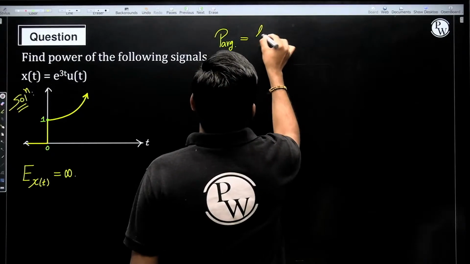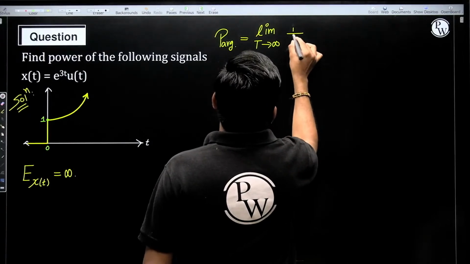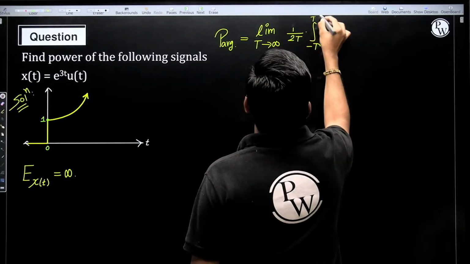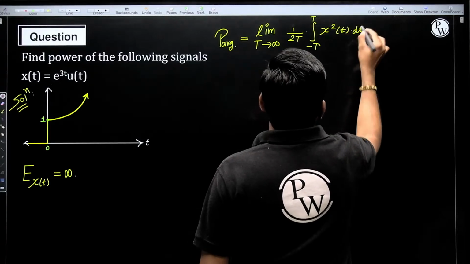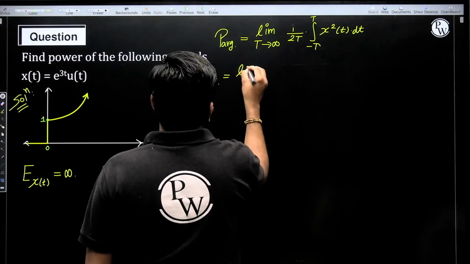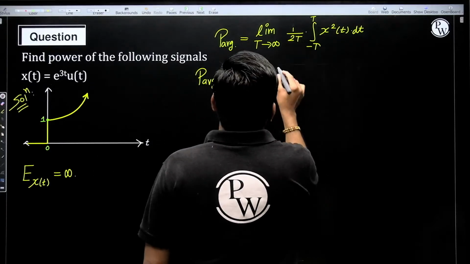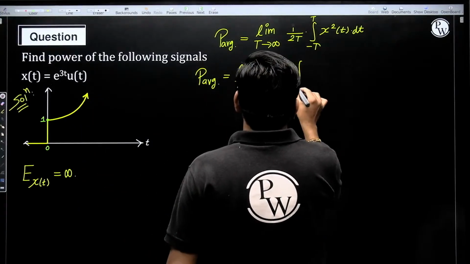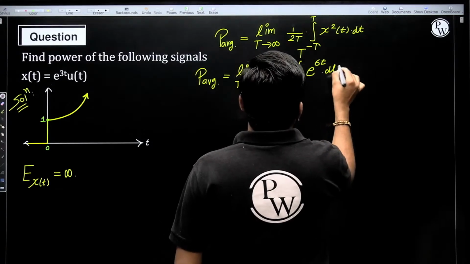So for average power, again aperiodic signal, so limit T tends to infinity, 1 by 2T, integration from minus T to plus T of x square of t dt. Here it is a right-sided signal, so that's why 0 to T, e to the power 6t squared, dt.